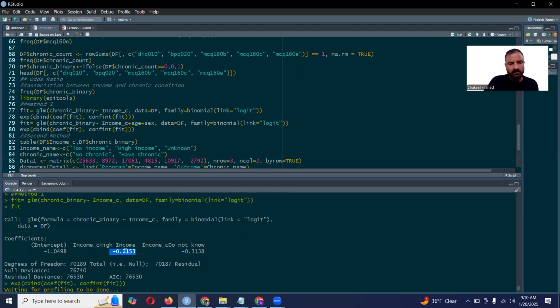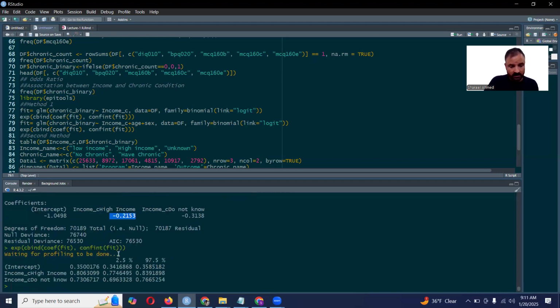You can just find the p-value by obtaining the coefficient and then dividing it by standard error, and then comparing to the standard normal distribution. But it does not give a direct p-value for this odds ratio. So another method is an indirect method.